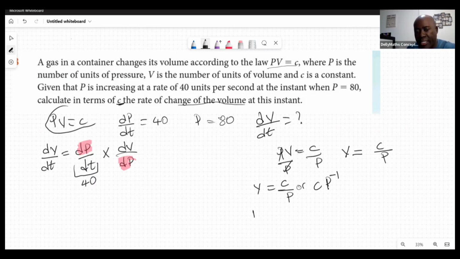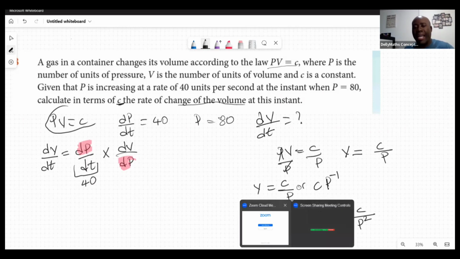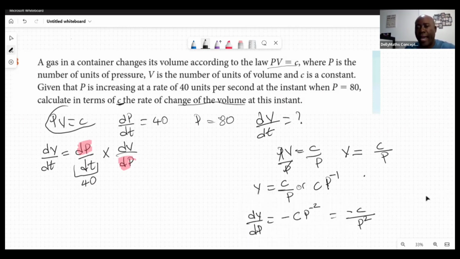So I could now say dV dP is going to equal that -1 come down, so I have a negative in front, so -C, and then I'll end up with P raised to the -2. But what does this really mean? It really means -C over P squared. Putting back the laws of indices there as we move along. So now what I'm looking at is the fact that we want to find this.